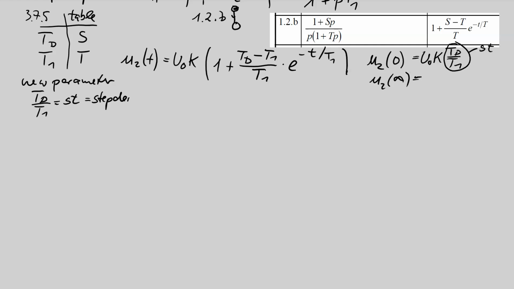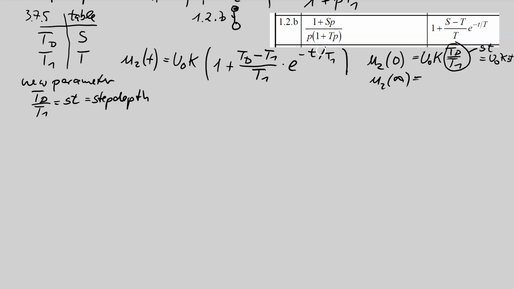Why this name appears here we cannot understand now, but later, if I discuss the Bode plot of this circuit, then I can show you why step depth is a good name. So we can say, okay, the starting value is U0 times K times step depth.